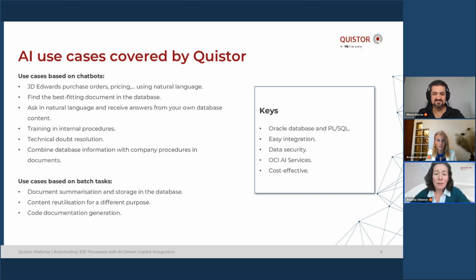And talking about the other use cases based on batch tasks, we can use generative AI to summarize all the documents you have in the database and store this summary in a table. This can save a lot of time for those users that are in charge of reviewing a lot of documents, for example, documents for homologation of providers.